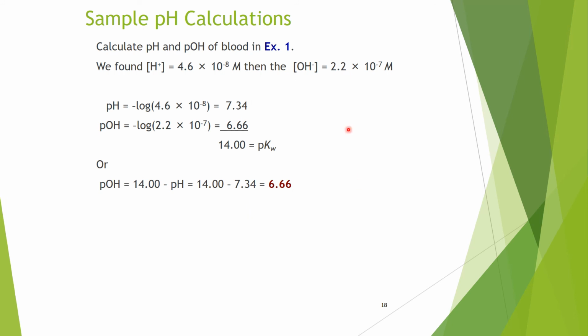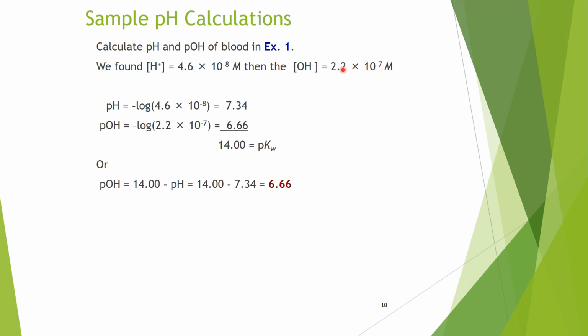All right, so now we're going to do some calculations. What I want to do is find the pH and the pOH that I had in example 1. We found that the H plus was equal to 4.6 times 10 to the minus 8th, which means the OH minus is 2.2 times 10 to the minus 7th.